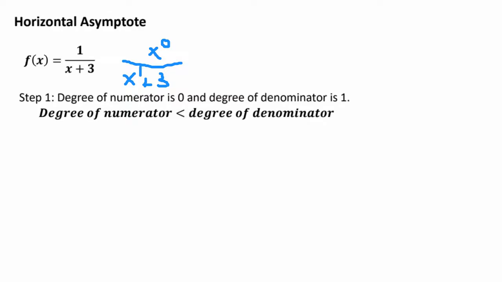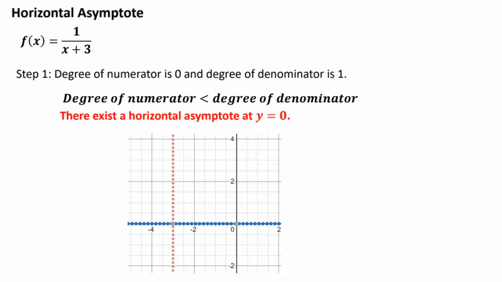The exponent is 1. We assume that if we don't see an exponent, that exponent is 1. So in this case, the degree of the numerator is 0, and the degree of the denominator is 1. Hence, the degree of the numerator is smaller than the degree of the denominator. So we are going to have a horizontal asymptote at y equals 0 for our problem.